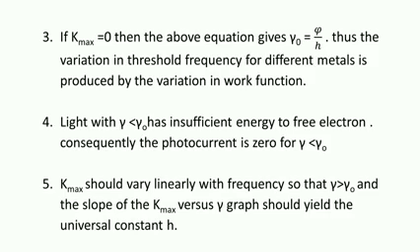If kinetic energy is equal to 0, then Einstein's photoelectric equation becomes nu naught is equal to phi by h, where nu naught is called the threshold frequency, phi is the photoelectric work function, h is Planck's constant. For frequency less than threshold frequency, the kinetic energy is negative, that means photoelectrons are not emitted.